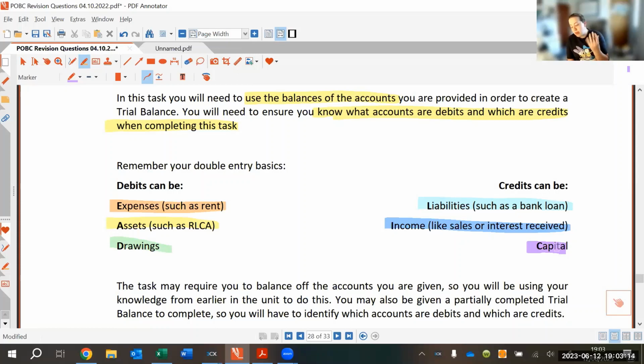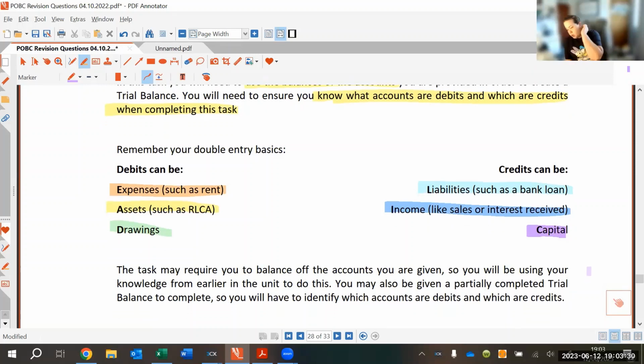So if you've got an asset account like the bank, your balance carried down is on the credit side, which means your balance brought down goes on the debit side, and the balance of the bank account in the trial balance will also be a debit. So make sure you use the knowledge you will have had from your introduction to bookkeeping unit to complete this properly and transfer across.